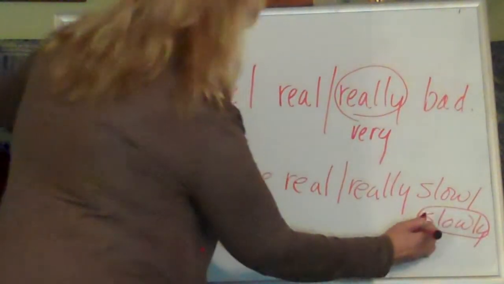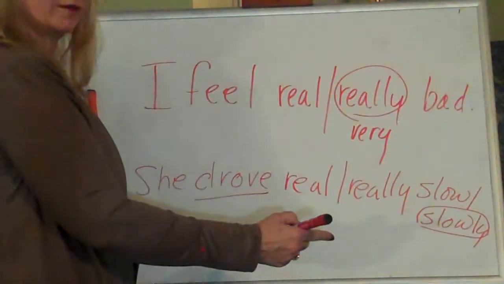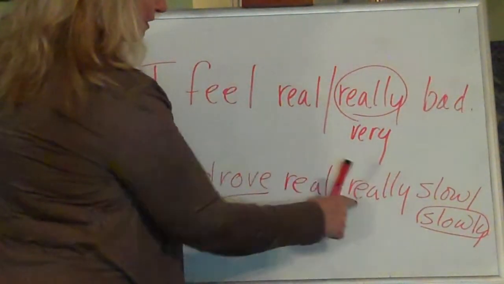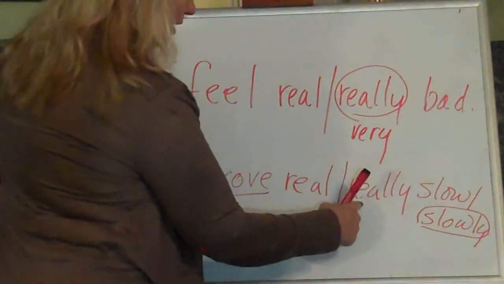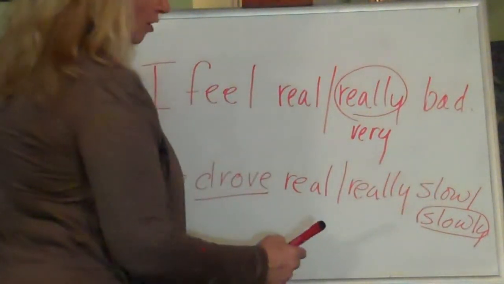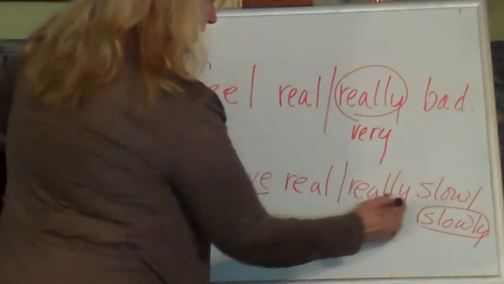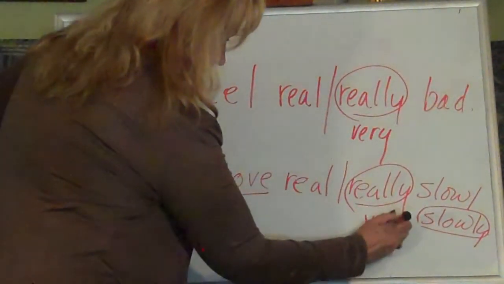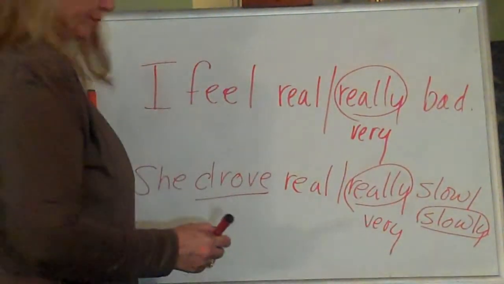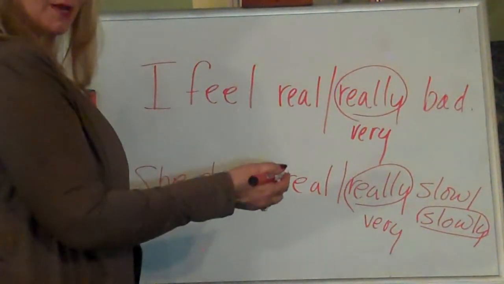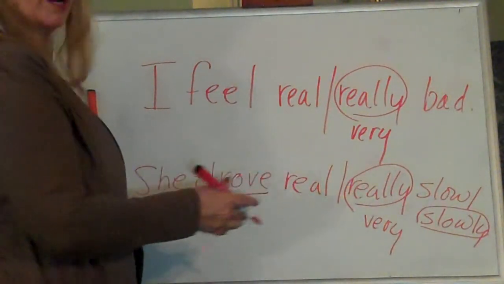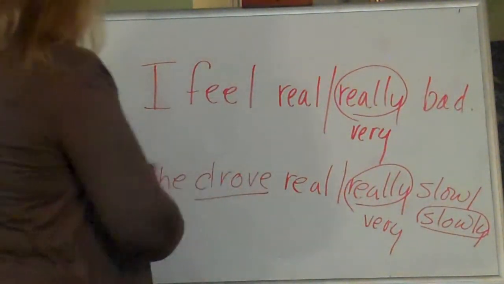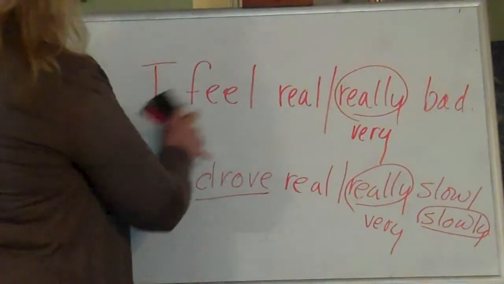That's going to be slowly. She drove slowly, okay? Now, because I've got real and really, you have to decide what is it talking about here. If it's talking about slowly, how slowly, then it's going to be really slowly. And again, if I can put very in place of it, I know it's really, okay? So you're going to be asked at different points to choose between adjectives and adverbs. So you're going to want to make sure you remember your definition of those, okay, and how they work.